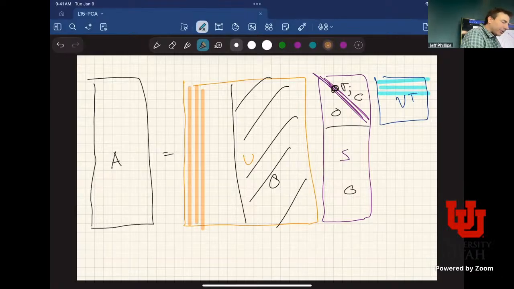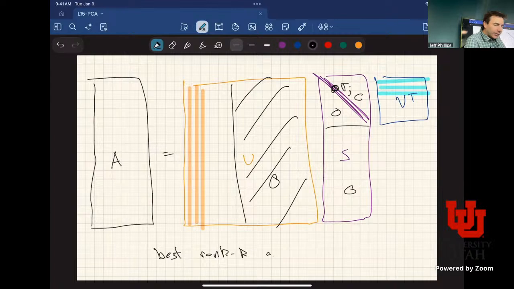Okay, and so now I want to choose the best rank k approximation, and that is I'm going to minimize the residuals of projecting all the points onto the subspace spanned by the vectors here. So I'm going to choose 1, 2, up to k of these, and 1, 2, up to k of the left singular vectors.